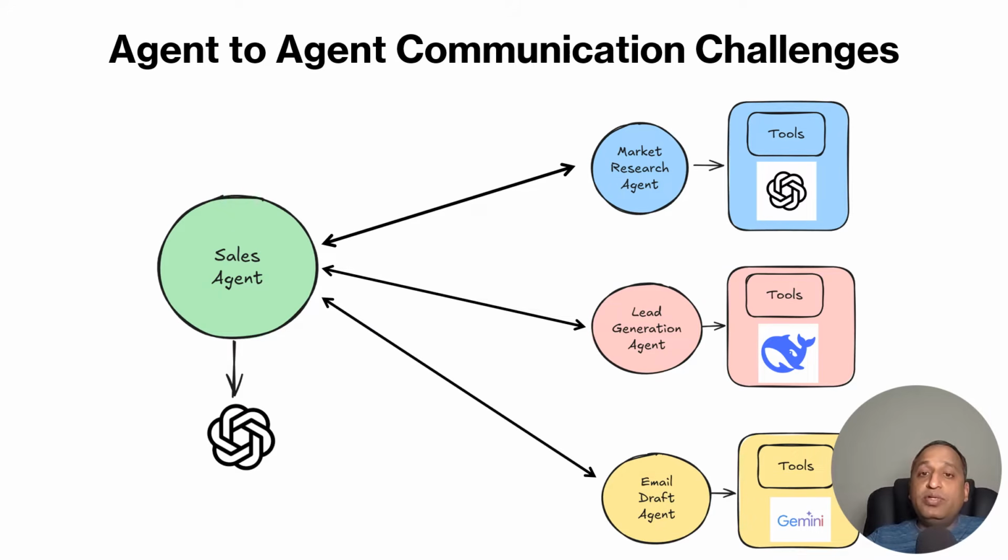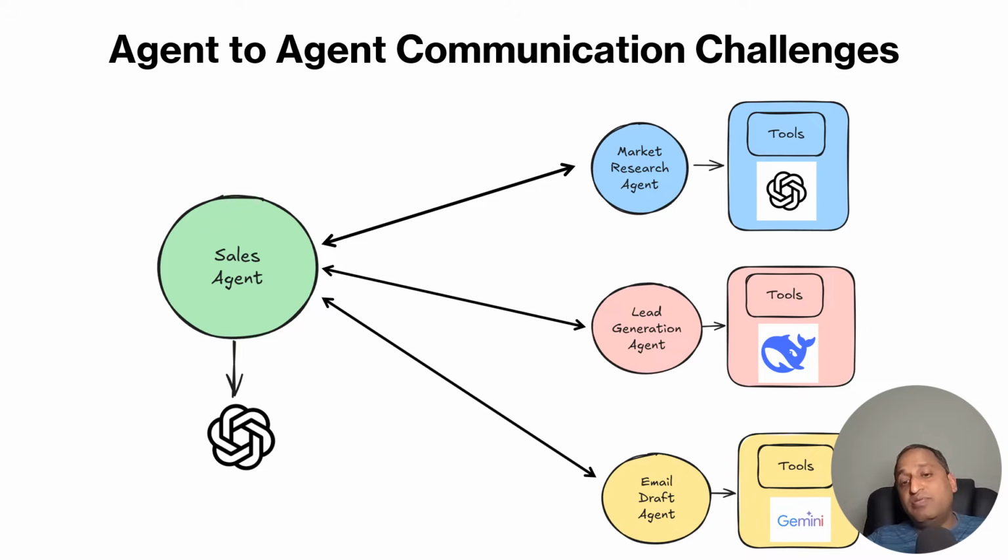The only way today is that the market research agent has to expose some sort of an API, and then the sales agent has to invoke that API, which involves a lot of integration between the sales agent and the market research agent. And for example, if the lead generation agent has to consume from the market research agent, again there is one more communication between this and that.